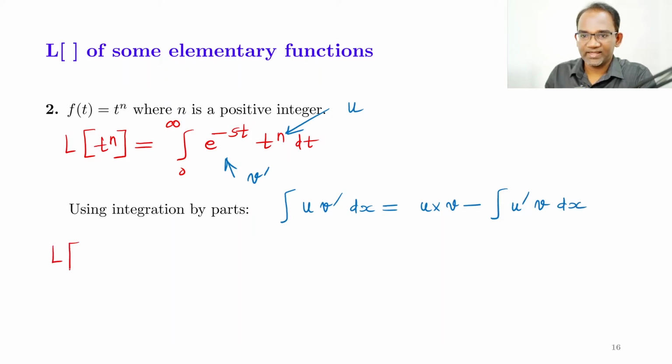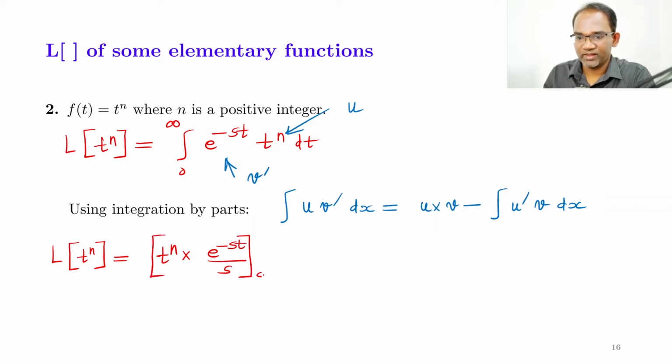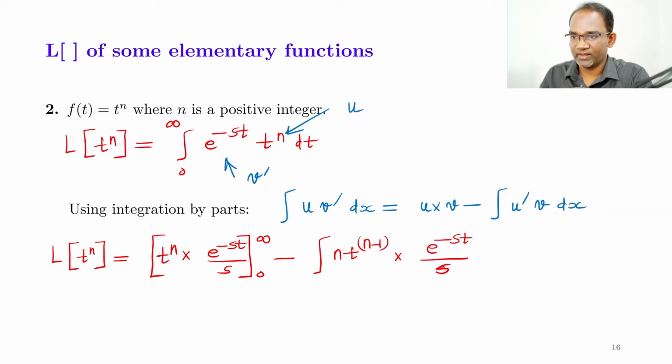And the Laplace transform of t raised to n is equal to the first multiplied by the integral of the second, that is e raised to minus st over s, with the limit 0 to infinity, minus the integral of the differential of the first multiplied by the integral of the second, e raised to minus st over s, minus s times dt.